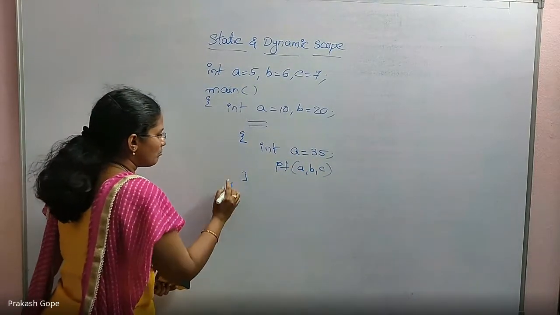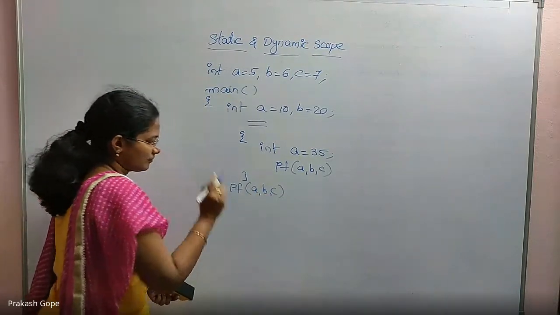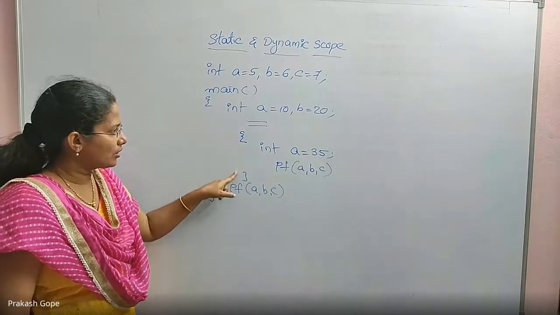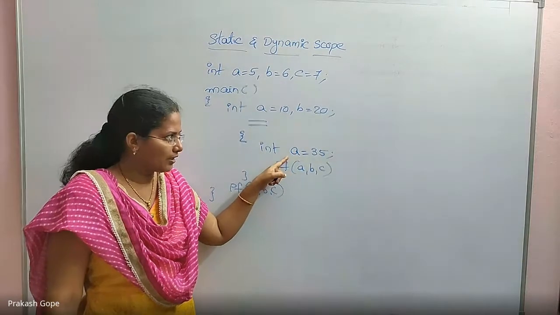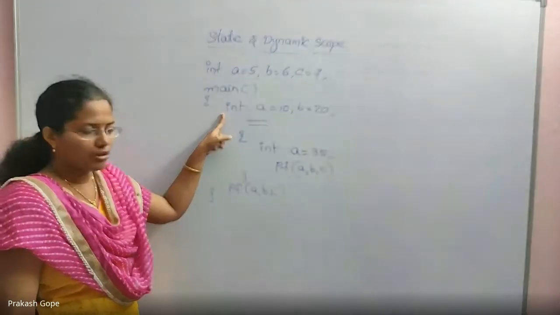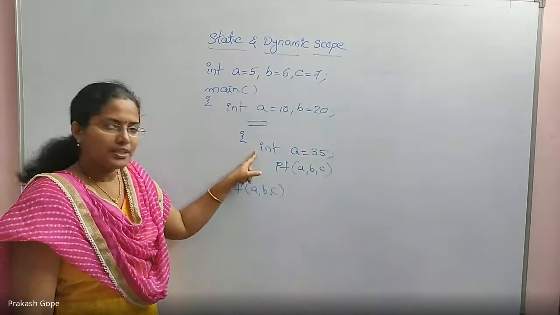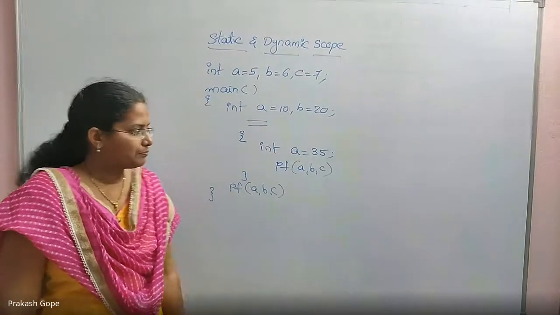Once I come out of this block, again I am printing a, b, c. Is this allowed? Can I start a new block and declare variables in C programming? Yes, we can. It's not that we create local variables only at the starting of a function. At the starting of any block, we can declare variables.